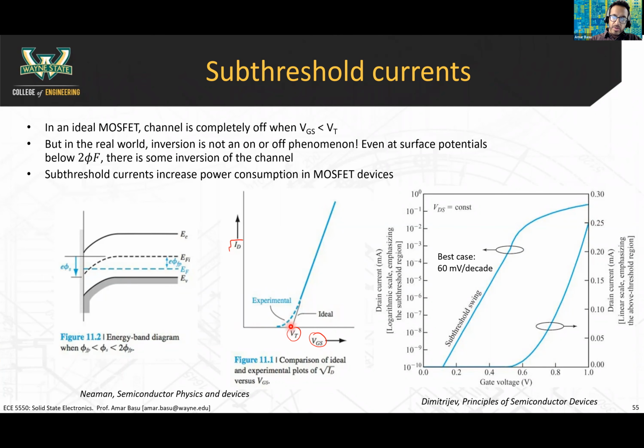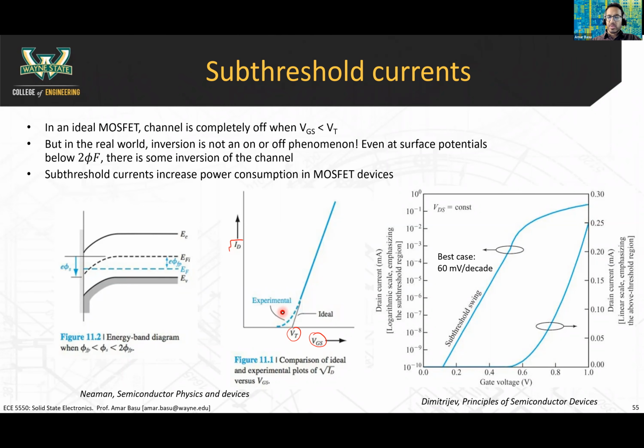It would be 0 until VT, and then it would increase like a line like this. Remember, this is the square root of ID. What actually ends up happening is that it curls up like this. So you end up having current even when VGS is less than VT.